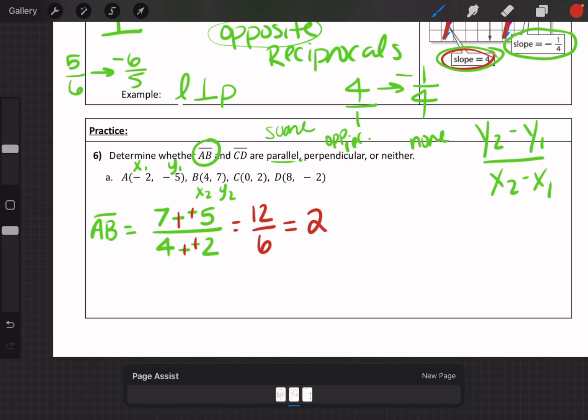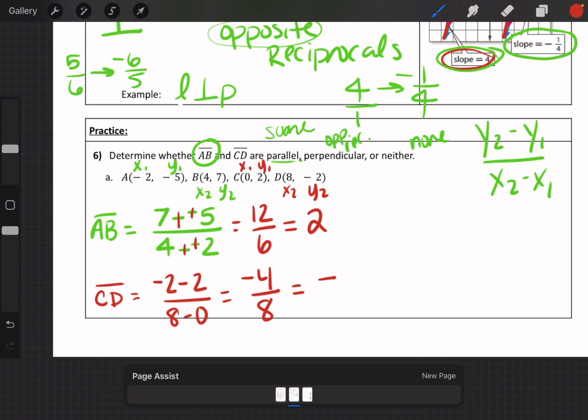Reduce if possible, we get 2. We're going to do the other one. We got CD. Again, if you need to label, label. This time, -2 minus 2 on the top, 8 minus 0 on the bottom. So when we take -2 minus 2, we get -4. When we take 8 minus 0, we get 8. When we reduce that, we get -1/2.